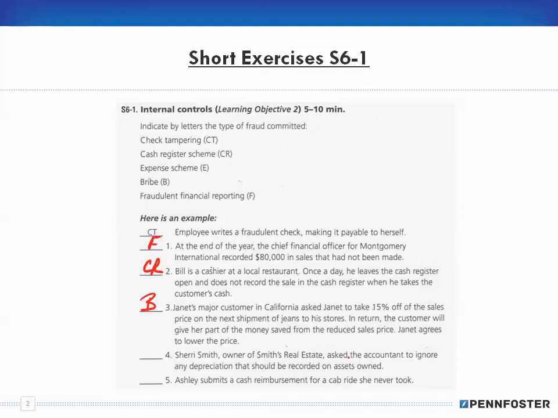Sherry Smith, owner of Smith's Real Estate, asked the accountant to ignore any depreciation that should be recorded on assets owned. Well, that's fraudulent financial reporting. You're not reporting your finances the proper way. And Ashley submits a cash reimbursement for a cab ride she never took. So out of these, that would be an expense scheme. Why? Because it's an expense, and she's just creating a fake receipt in order to get the money back.